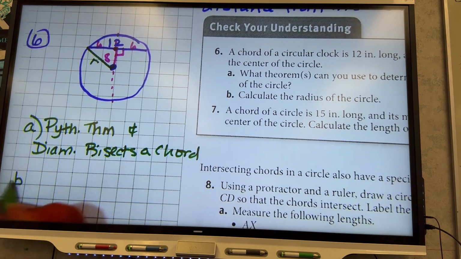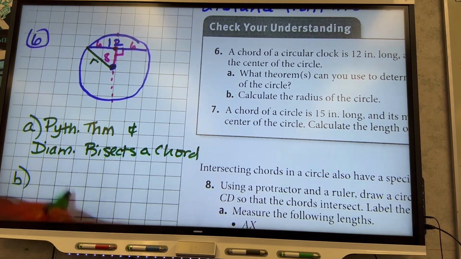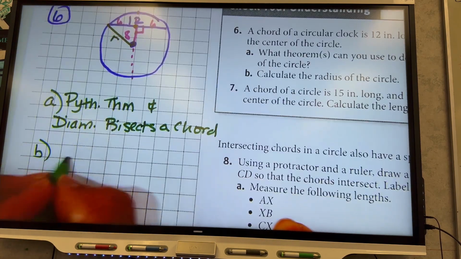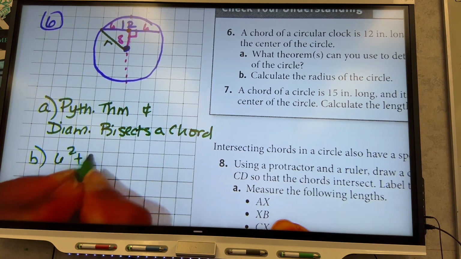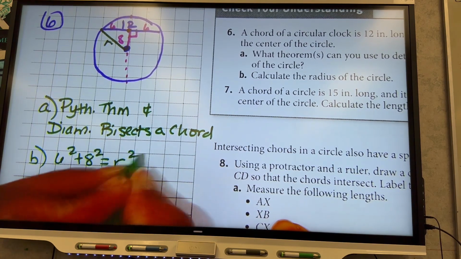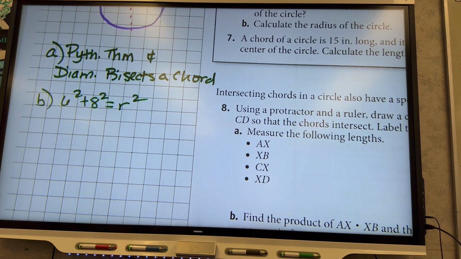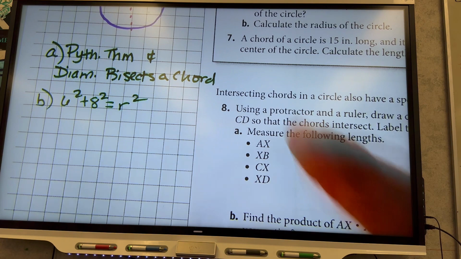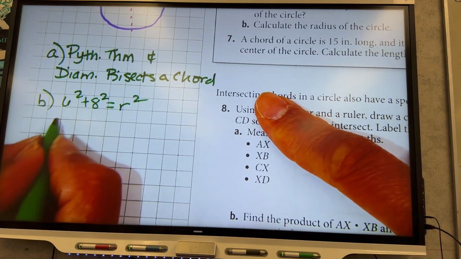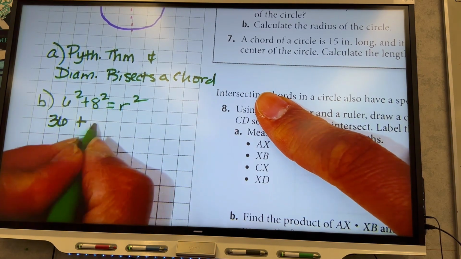So for part B, let's actually find the radius. And how would I set up the Pythagorean theorem? Got it. Okay. You guys have gotten so good at the Pythagorean theorem. We used it a lot. You guys did well on that unit test. What is 6 squared? What's 8 squared?